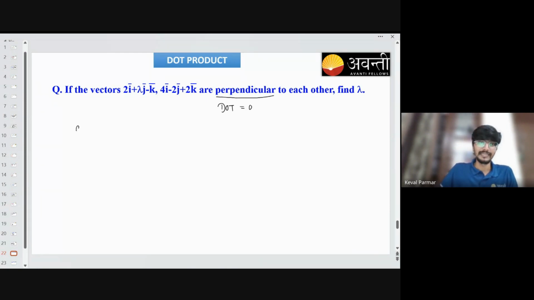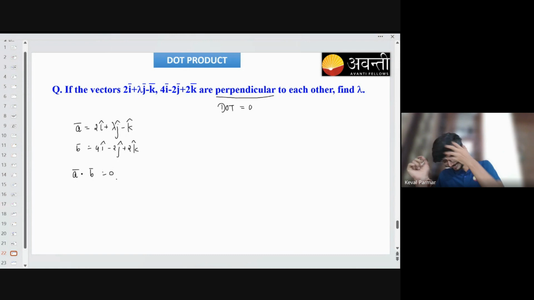So let us say we have A bar as 2i cap plus lambda j cap minus k cap. We have B bar as 4i cap minus 2j cap plus 2k cap. We know that A bar dot B bar equals 0.